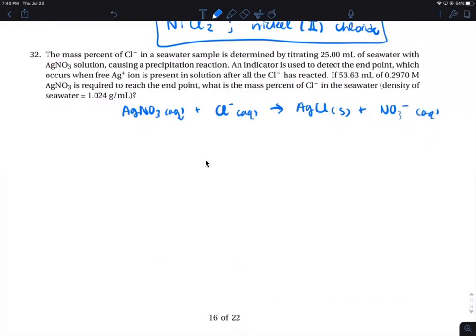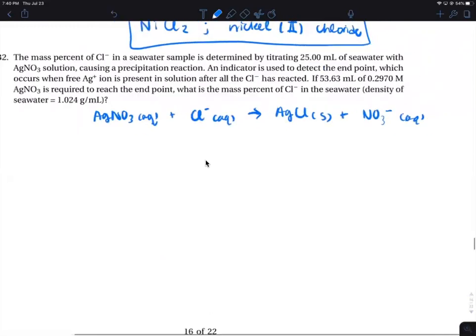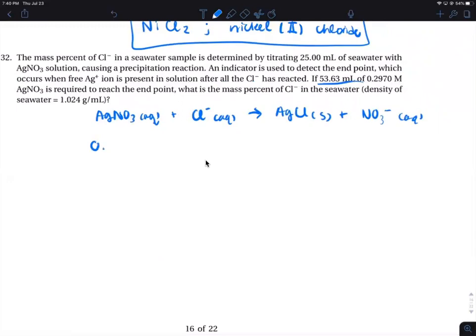All right, and now let's start with what we have. 0.05363 liters of this molar solution. And then from here, we can go ahead and convert to moles.